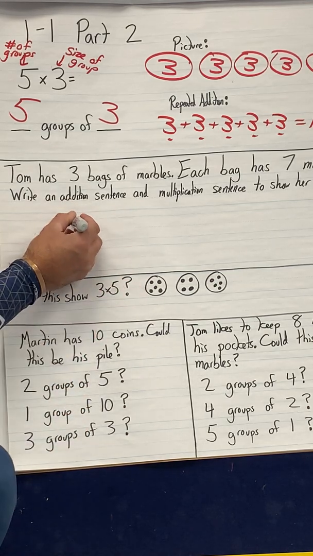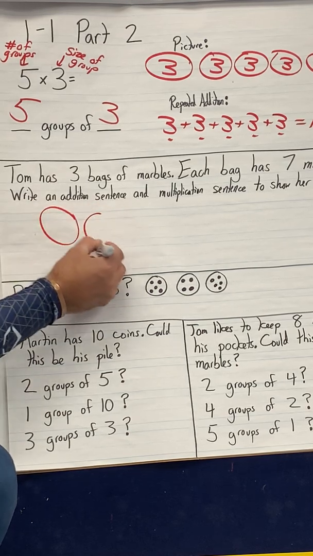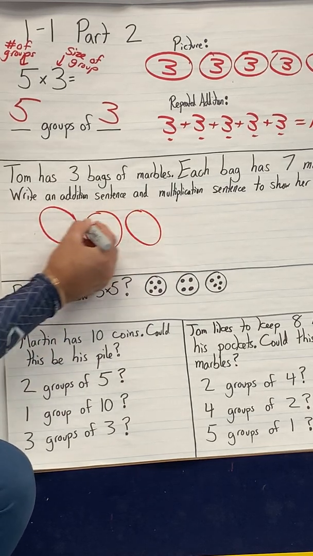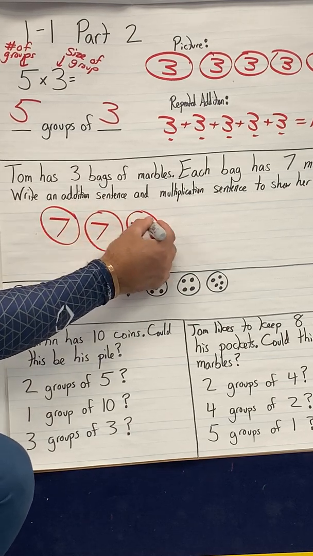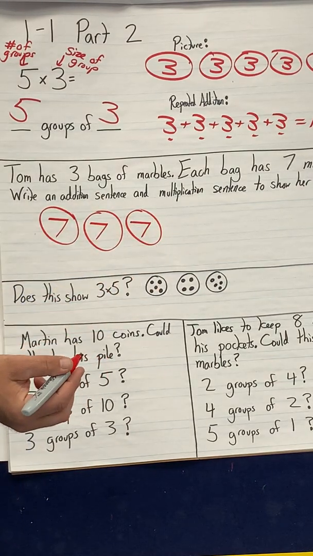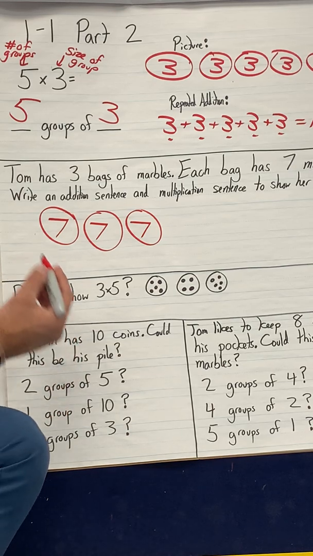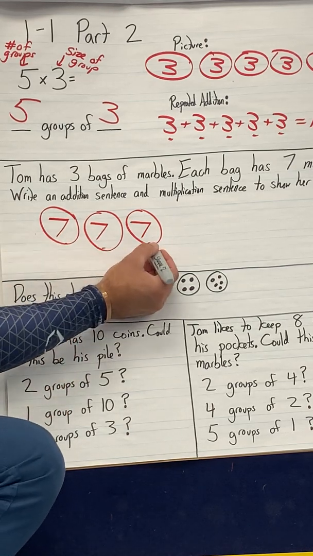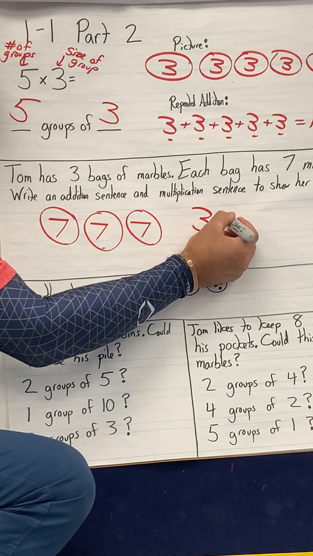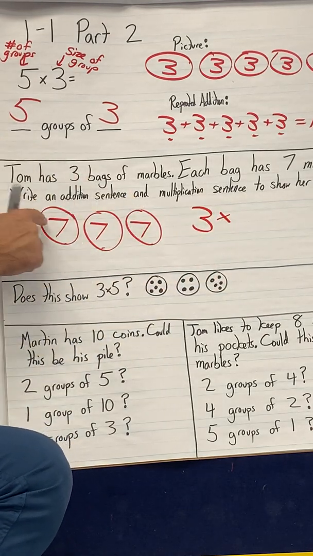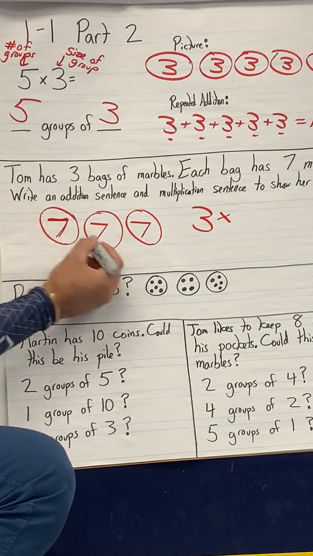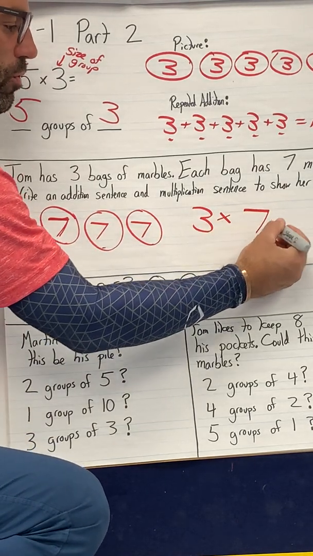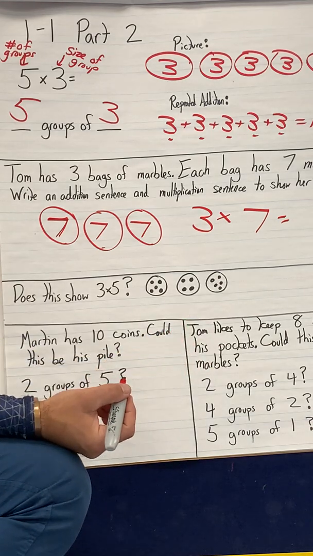First of all, if I was drawing a picture, I'd have 3 bags and each one would be 7, right? If I have to do a multiplication sentence, the first number is the number of groups. So 1, 2, 3 groups times how many in each. The second number is how many are in each group. So each group would be 7. So it'd be 3 times 7.